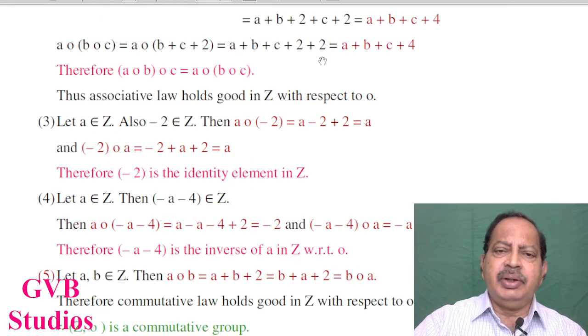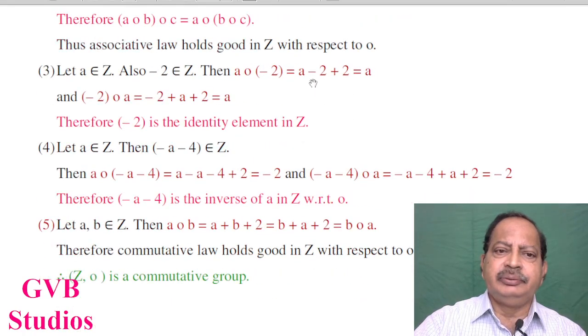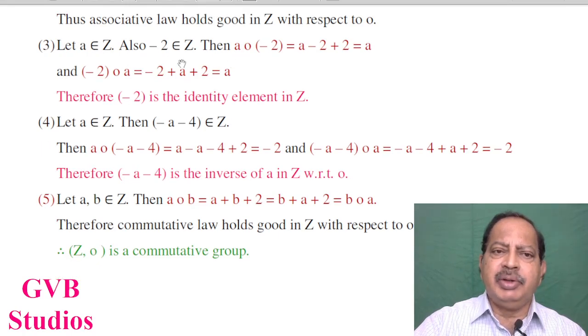Using this binary operation, we can guess the identity element. So, I am taking −2 here. Since a belongs to Z and −2 is an integer, operating a ∘ (−2) is equal to, by the definition, a − 2 + 2, this gives a.